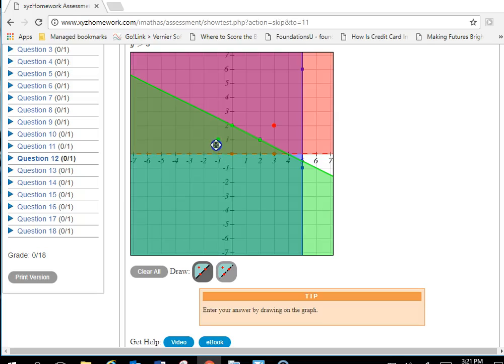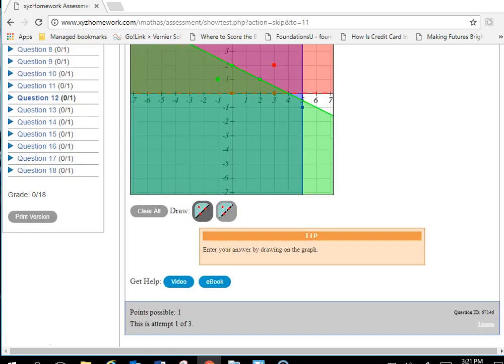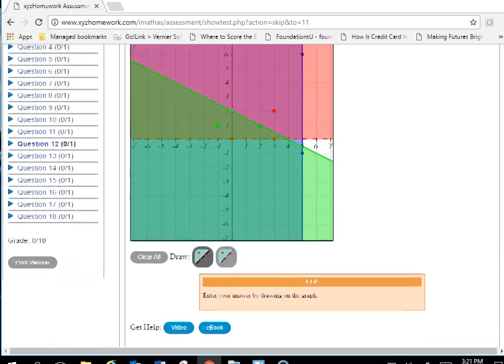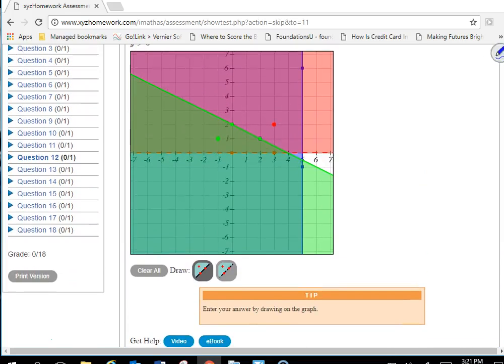So I'm going to go and click it on the left-hand side. So the solution set to this entire inequality, and you just press submit. Yep, press submit, but the solution set is going to be everything basically within that triangle that satisfies all 3 inequalities.